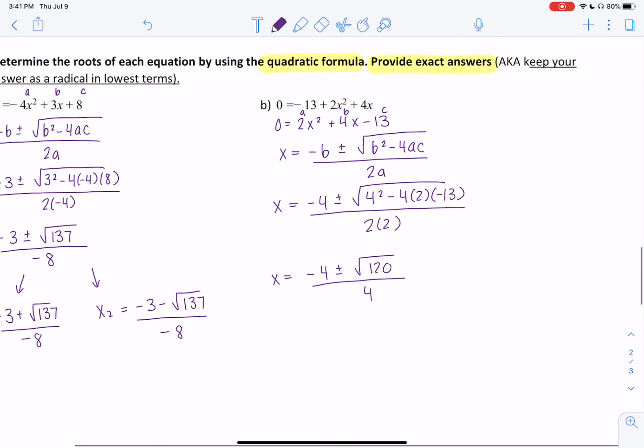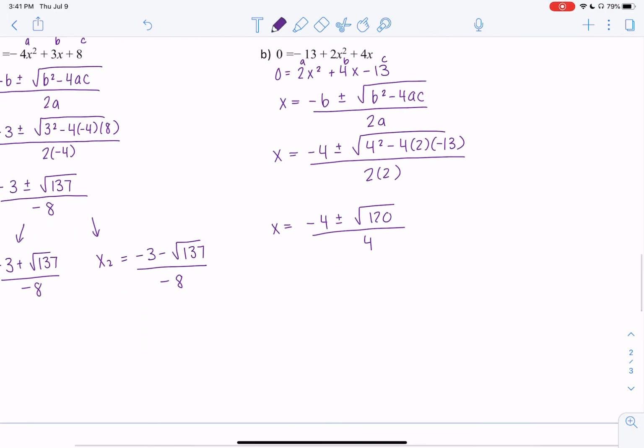Because of that plus or minus, this gives us two answers. So x1 is going to be negative 4 plus root 120 over 4, and x2 is going to give us negative 4 minus root 120 over 4. And that is our last example.